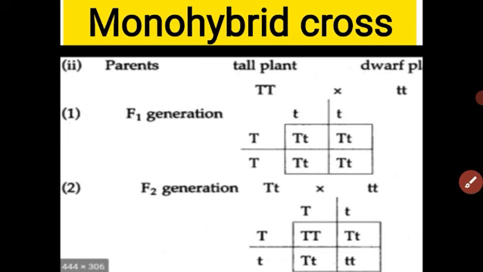Understood, student? Mendel has given three laws for this experiment. The law of dominance and law of segregation depend on the monohybrid cross. What is the law of dominance? Means the one character which is dominant always expresses, and it suppresses the recessive character.